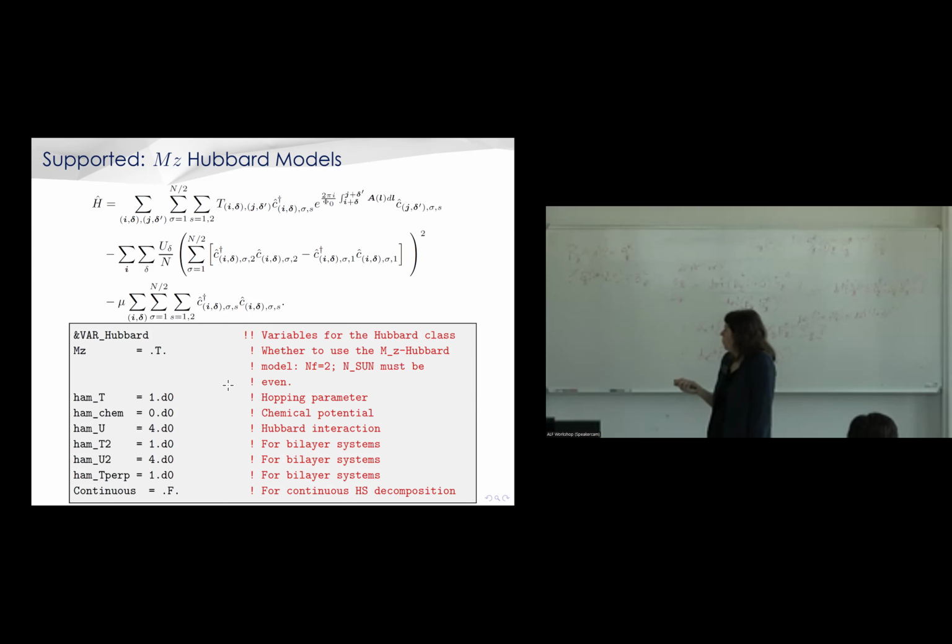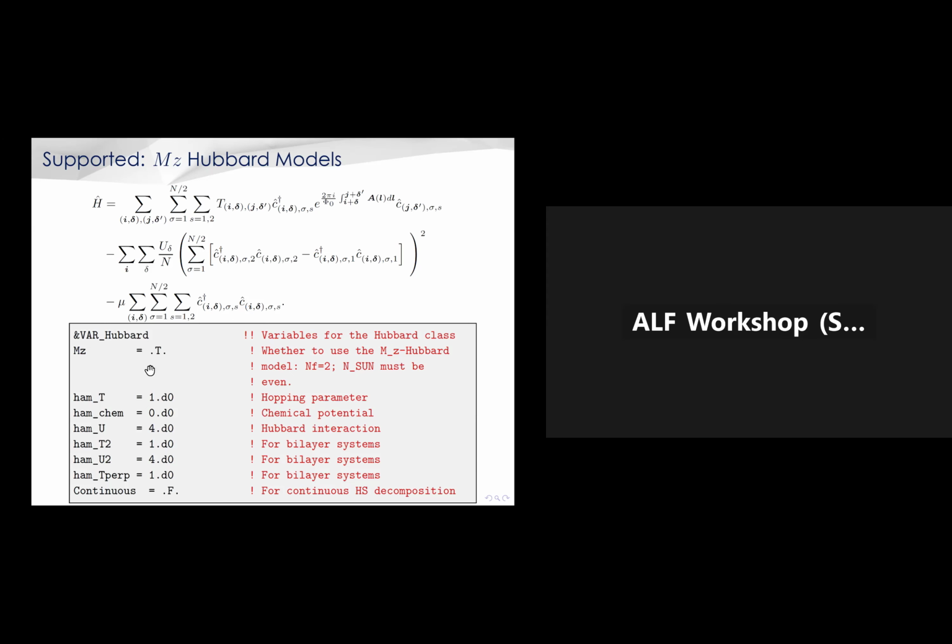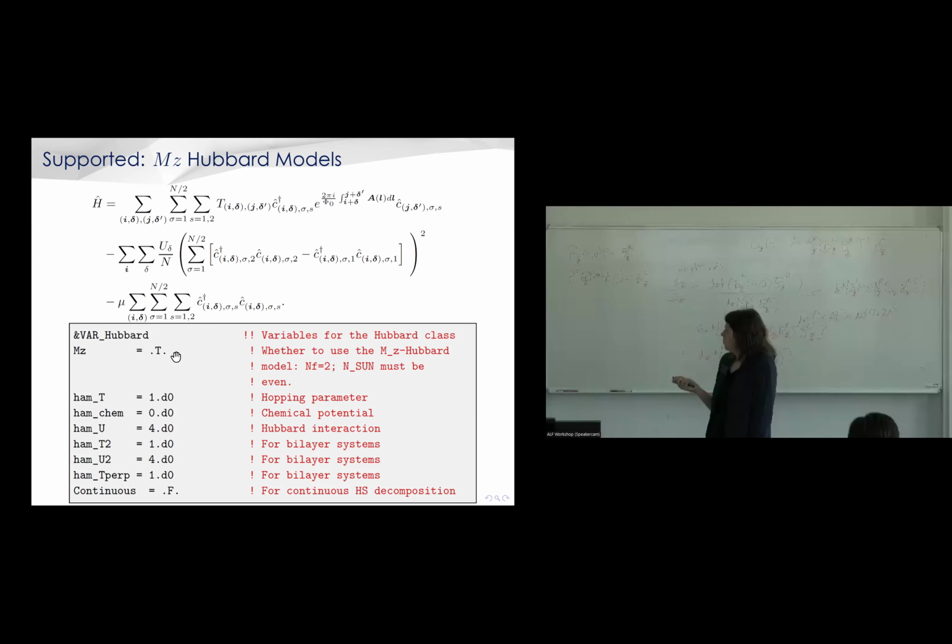The one thing to keep in mind that's a little different from how it's written in the general Hamiltonian, when this is implemented, is when you give the number of colors NSUN, it's not listed here, but the way this model is defined is actually from sigma equals 1 to NSUN over 2.